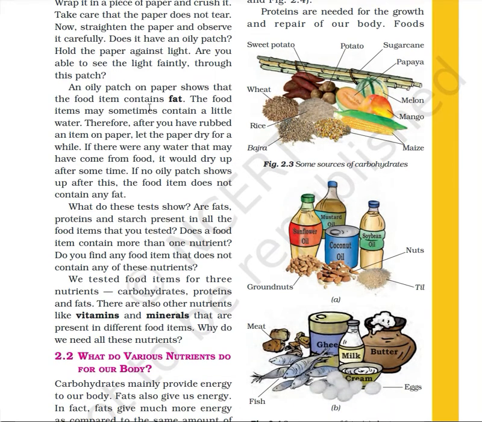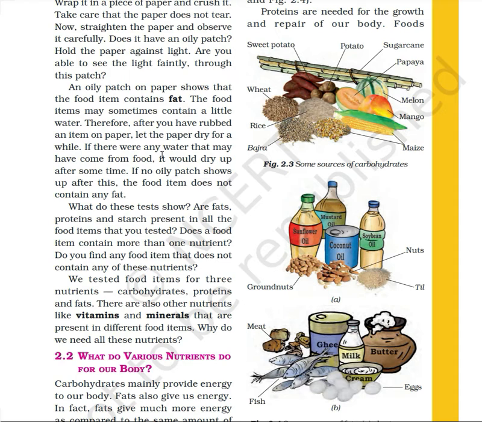An oily patch on the paper shows that the food item contains fat. The food item may sometimes contain a little water. Therefore, you have to rub an item on paper. Let the paper dry for a while. If there were any water that may have come from food, it would have dried up after some time.